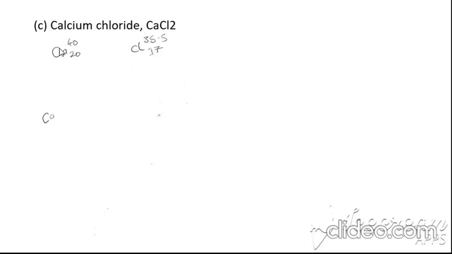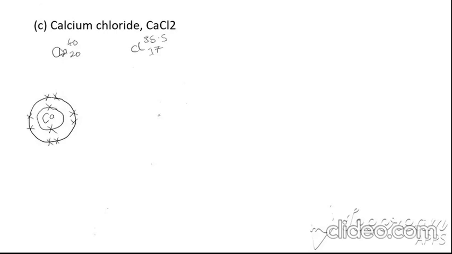So calcium, Ca like that, that's the symbol. And then first shell should have how many electrons? 2 electrons. And then second shell should have how many electrons? 8. So 2 you subtract from 20, you're going to remain with 18 electrons. So here second shell should have 8 electrons, like that.